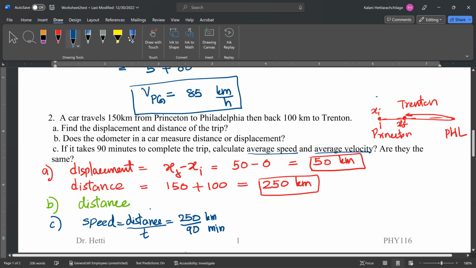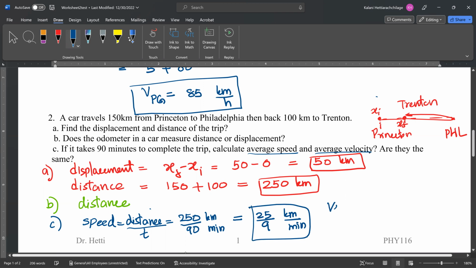It's important that you convert kilometers and minutes into SI units, or you can keep it as kilometers per minute. But since it is not that important for me to calculate it in SI units, I'm just going to write kilometers per minute because I just need to see the difference. So this is the speed.